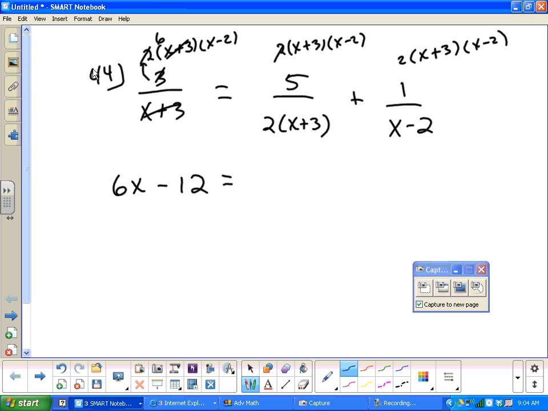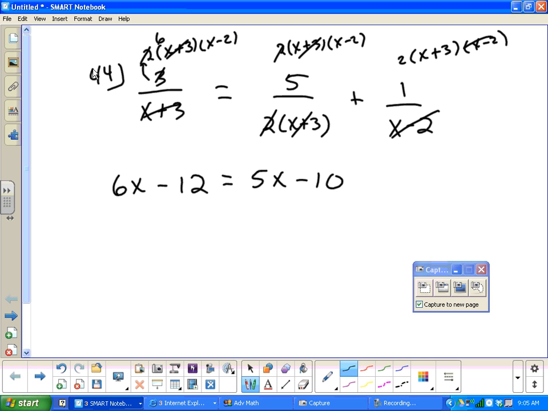2's cancel. X plus 3's cancel. And so that's going to leave you 5 times x minus 2, so that would be 5x minus 10. And on the last one, x minus 2 cancels. So you're left with 1 times 2 times x plus 3. 1 times 2 would just be 2.